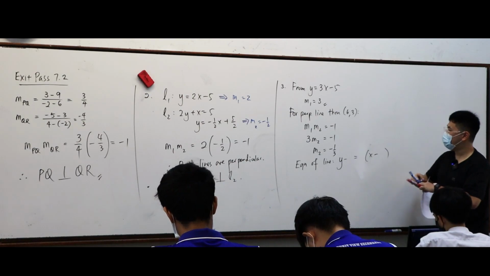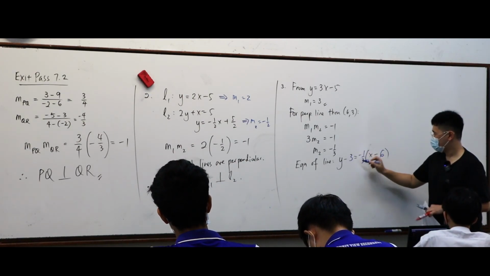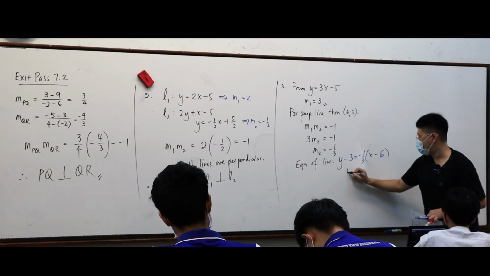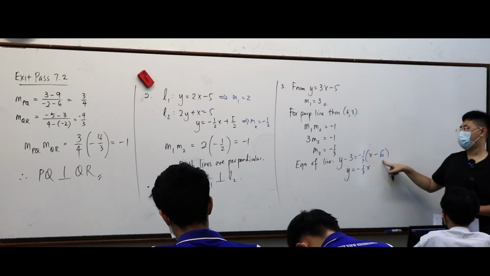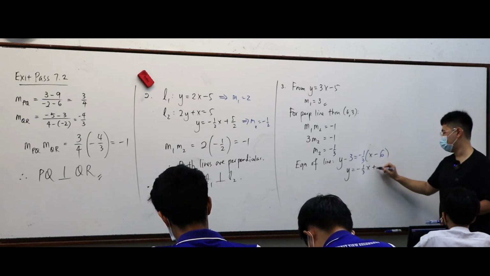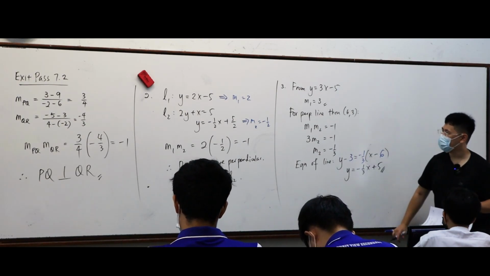Okay, so I'm going to sub in the points, sub in my gradient. So here y equals -1/3 x plus 2 plus 3, so it's plus 5. Okay, mainly like that.